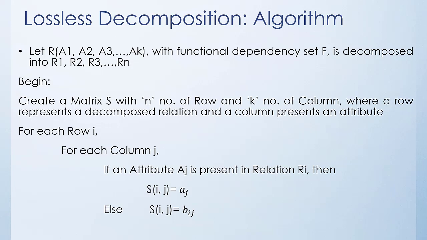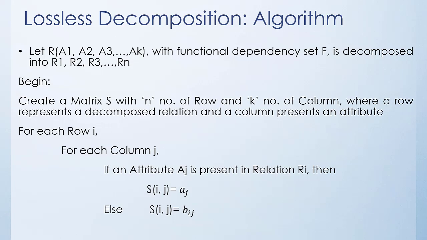Suppose the attribute A1 is present in the relation R1, then we put the symbol A1 in that cell, so S11 will have A1. If the attribute is not present, then we fill that cell with Bij, where i is the row number and j is the column number. So let us take an example and explain how the algorithm fills up that S matrix.